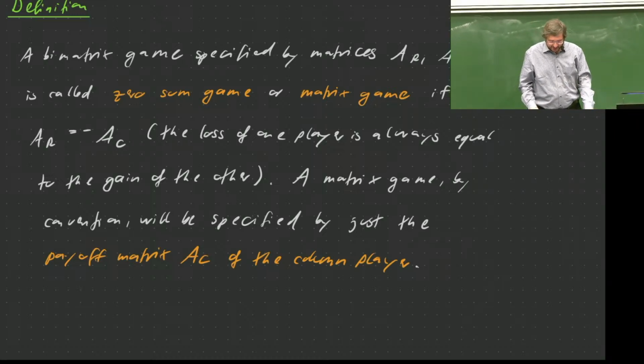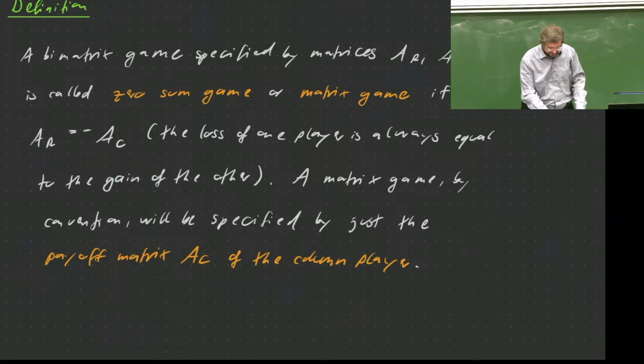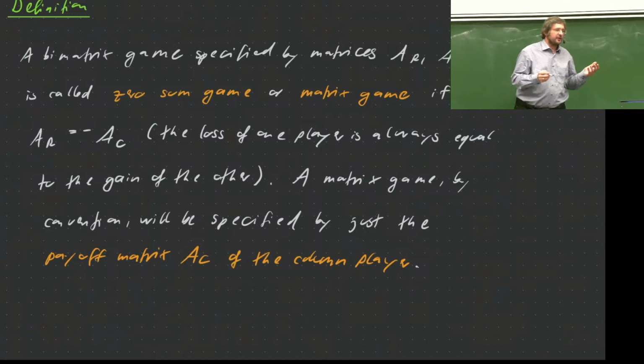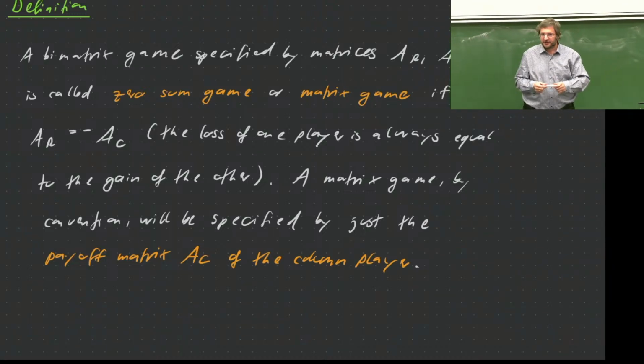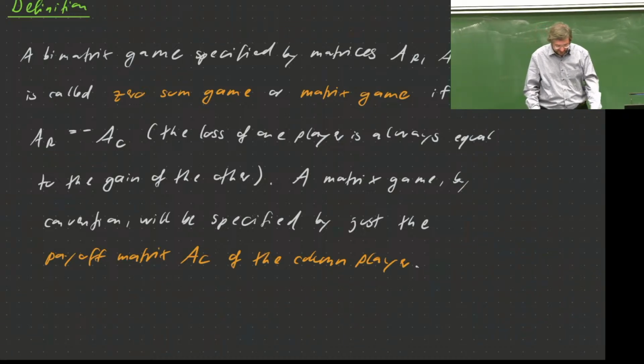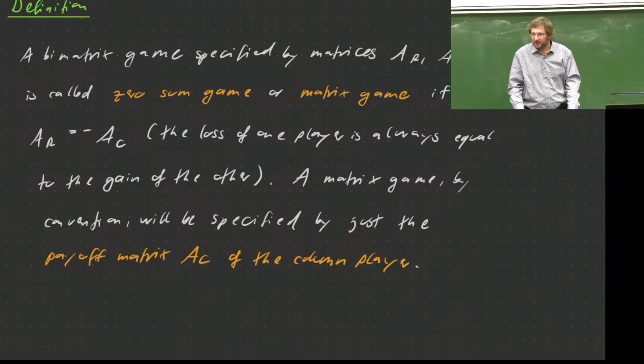And then a matrix game comes, of course, from the fact that, if I have this property, it's enough to provide one of those matrices to have all the information necessary for the game. And which of these matrices you want, that's just a matter of convention.